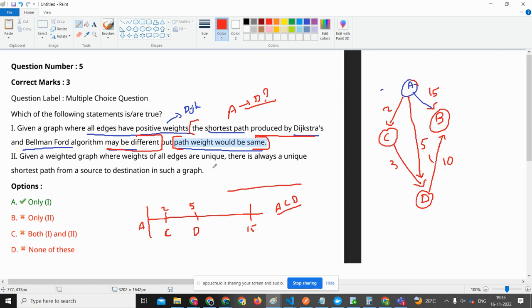But the main goal is that what we do in Dijkstra's is we explore a vertex completely, first just the direct edges from that vertex, right? And after we explore a vertex, we go to the nearest one which has been explored and explore that, one edge at a time.